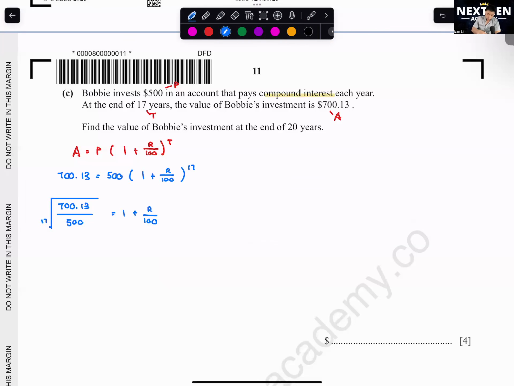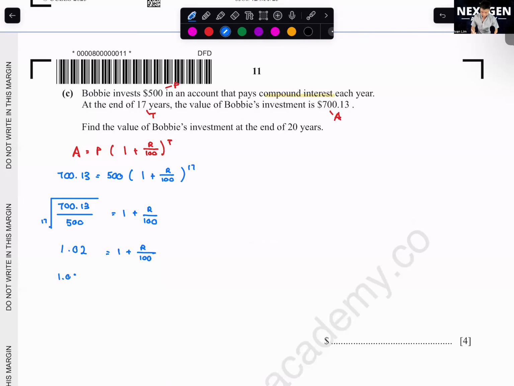Let's find this value first: 700.13 divided by 500, then the 17th root of the answer, so that I can make sure all of you are typing it correctly. You should get 1.02 here. Everyone got it? 1.02.